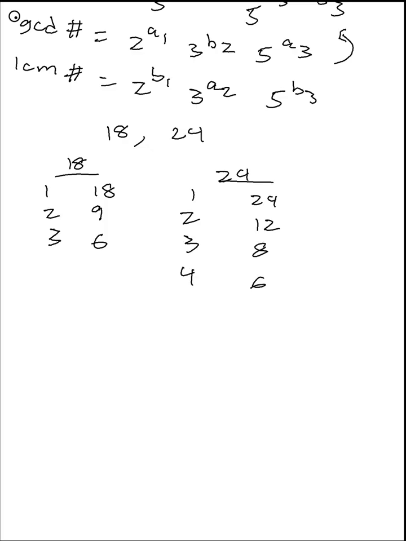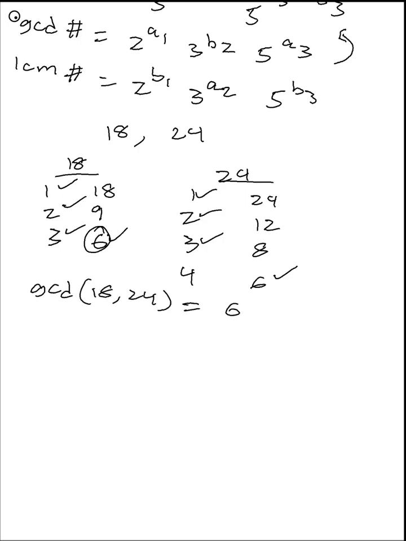So now let's see which ones are common and which is the bigger one. So 1 is common, 2 is common, 3 is common, 4 unfortunately isn't common, 6 is common, and that seems to be it. So since the biggest one, which is common, is 6, then we know the GCD of 18 and 24 is equal to 6.